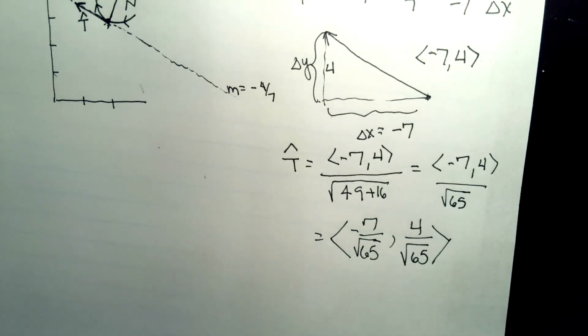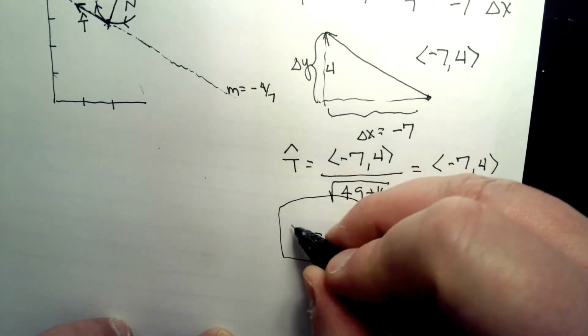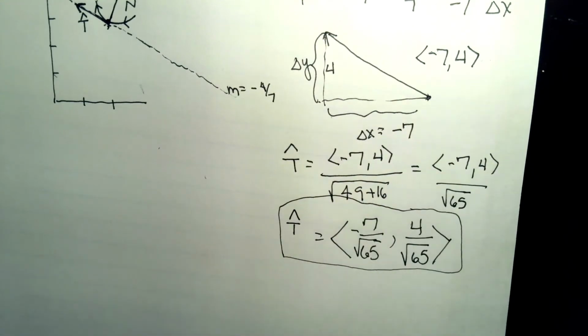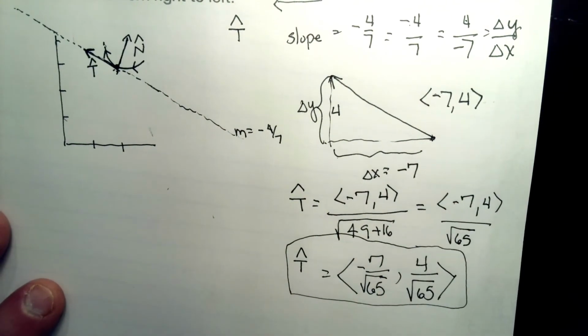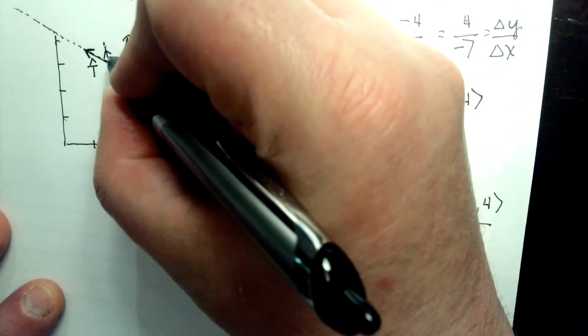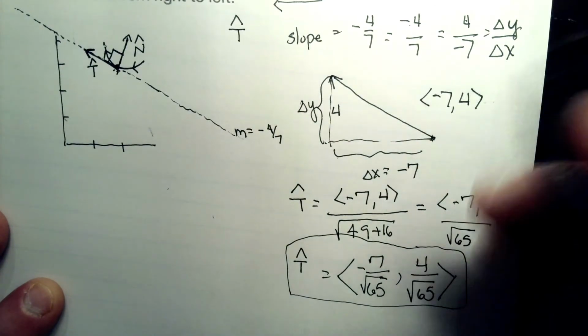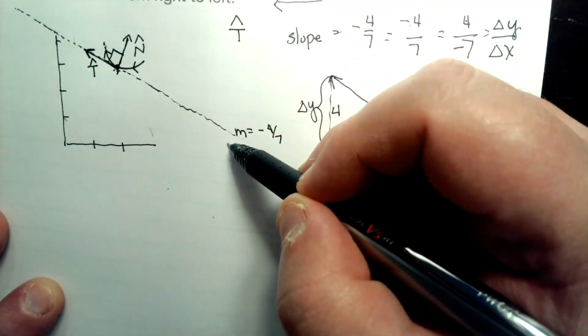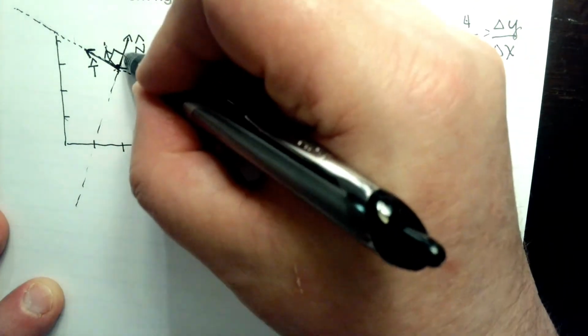Okay, so now what? Well, our unit tangent vector, we've got. Now we need only the standard unit normal vector. Well, how do we find that? Well, first of all, we need to remember that these two things are perpendicular. These two vectors are orthogonal, so that means that the line that T lies on and the line that N lies on are perpendicular.